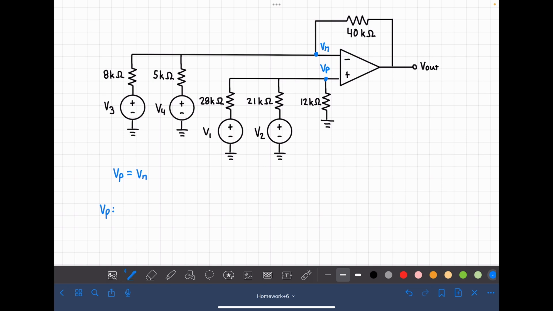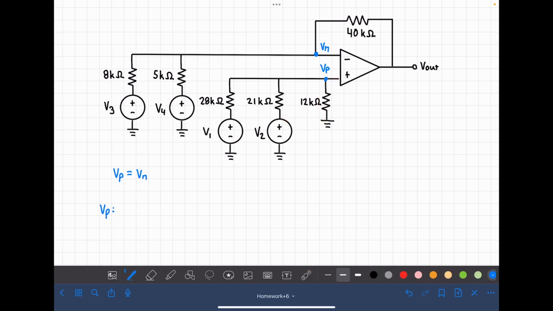For Vp, we have 4 currents, but we know the current going into the op-amp is 0. So we're just going to deal with these 3 right here.